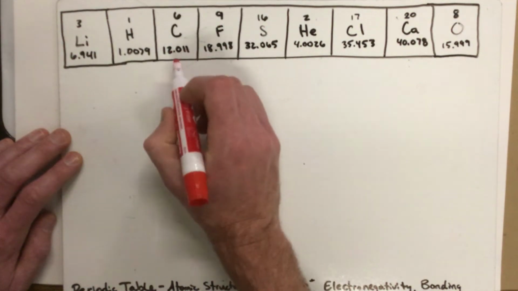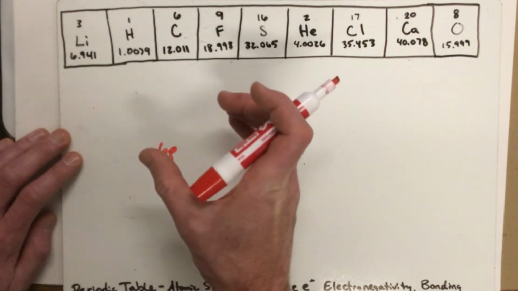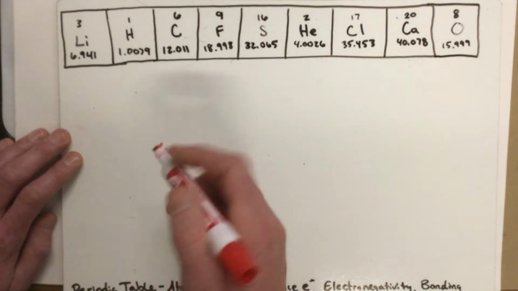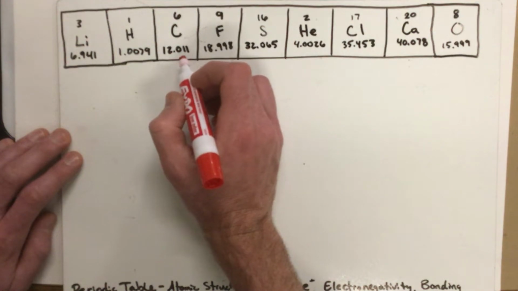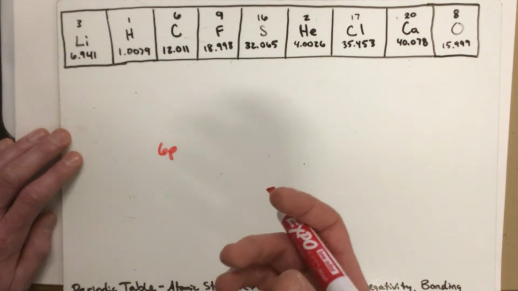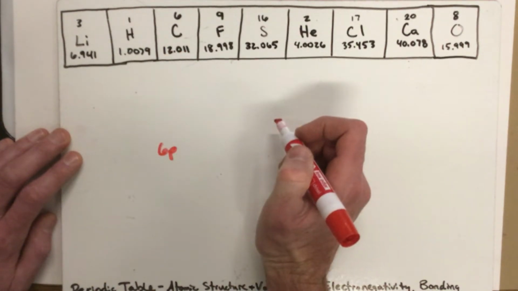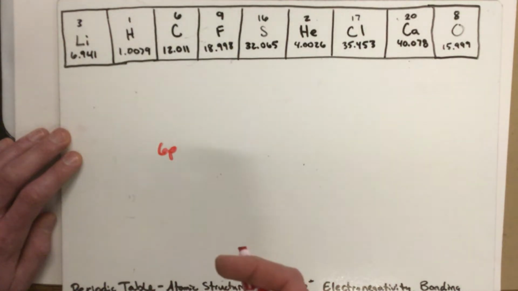All right, but there's probably some out there that have a mass of 13 or 14. So if I had a cup of carbon sitting on my desk, almost all of the atoms in that cup would have a mass of 12. But there's a few that would have a mass of 13 or 14, and that throws the average a little bit higher. Well, let's just go with the most common isotope of carbon, and that's carbon-12.